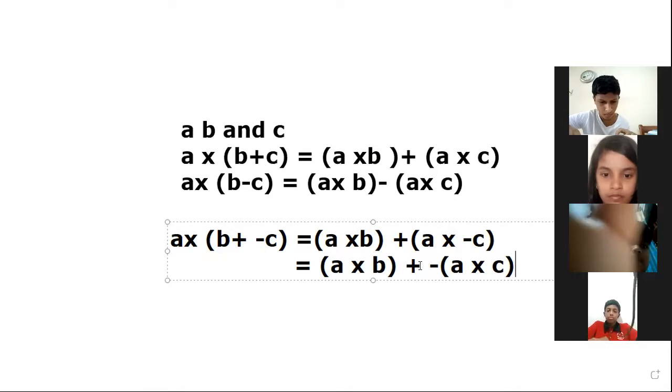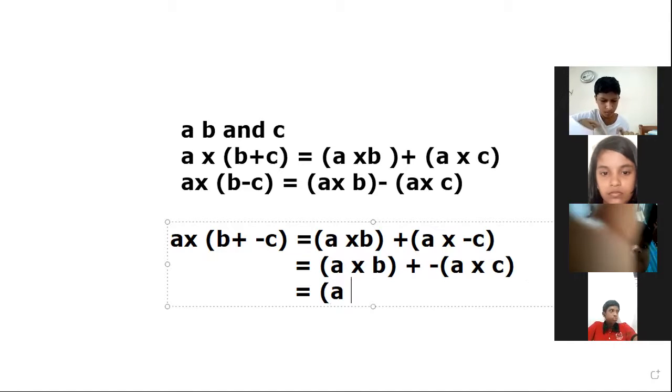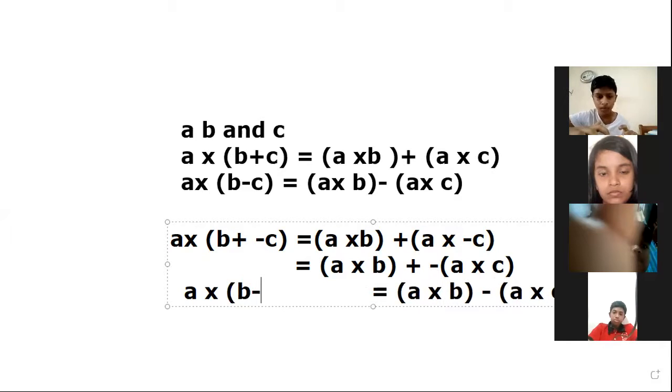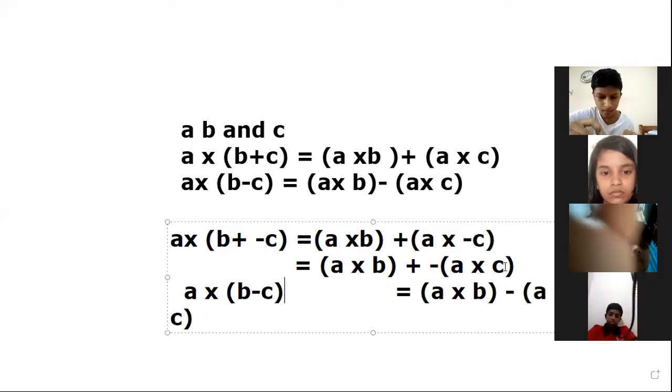We can replace this by negative. Here we can write A into B minus A into C. Here the negative and positive signs come together, that's why we can write A into (B minus C).